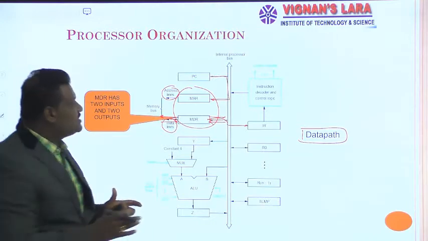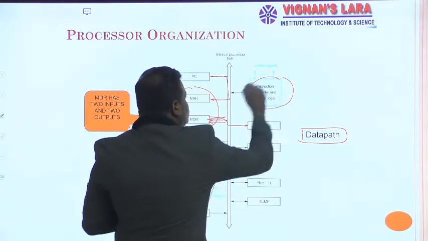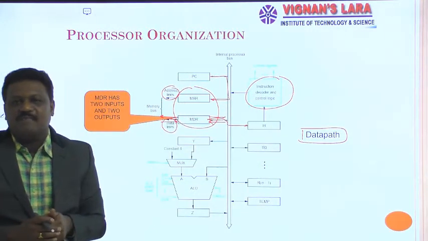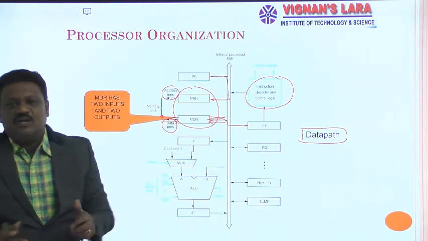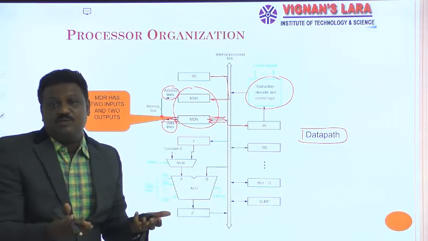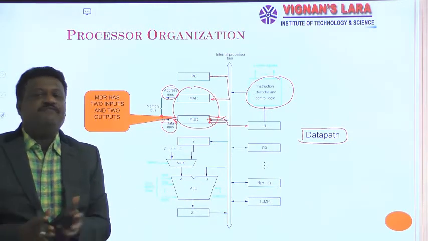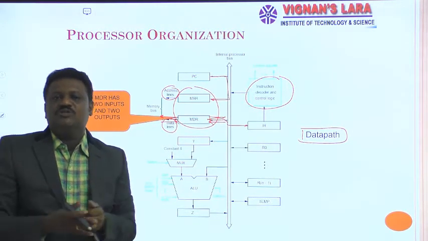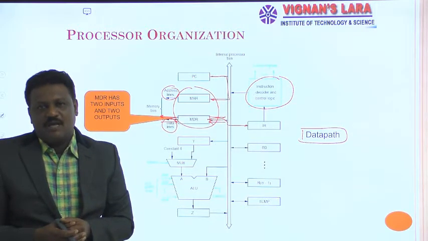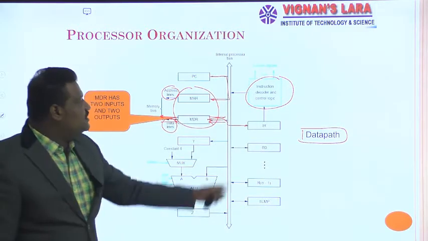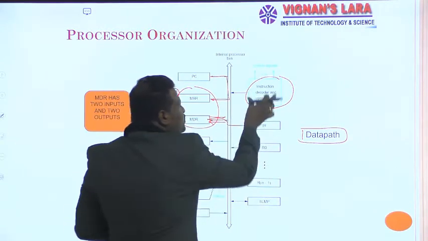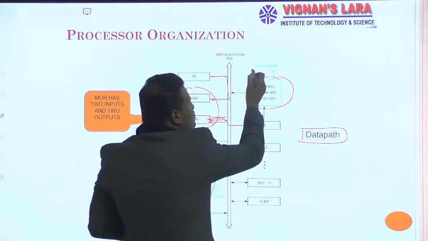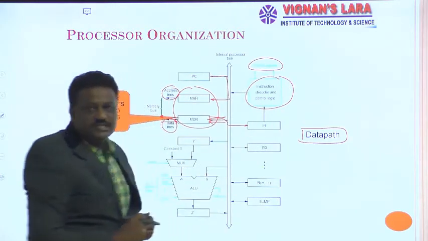Here the important thing is this particular block, the instruction decoder and control logic, which generates whatever control signals are necessary to communicate with the external world or to do different operations internal to your central processing unit. All these control signals are generated by this instruction decoder and control logic. That's why the output of this block is purely control signals.